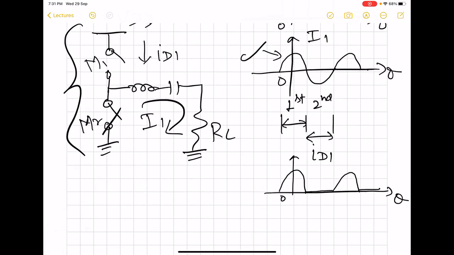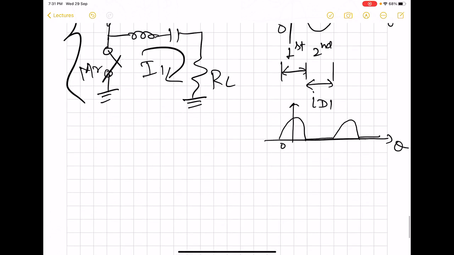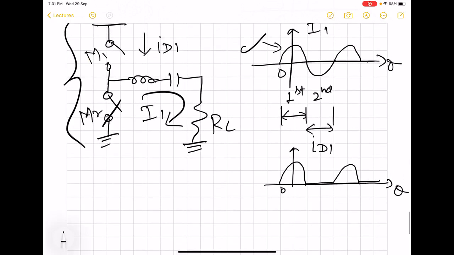In this case, the negative halves of I1 are going to always flow through M2. If we label this current as ID2, we find that by our convention, ID2 and I1 are of opposite direction.